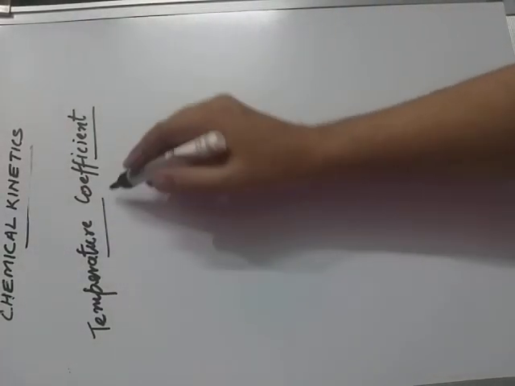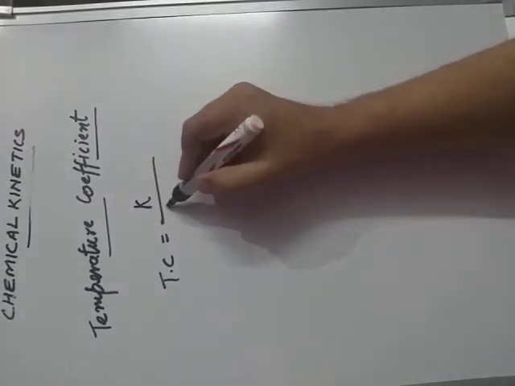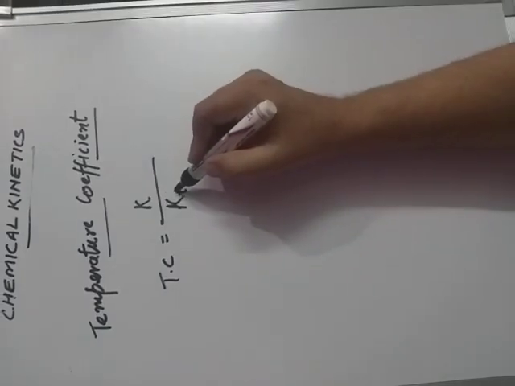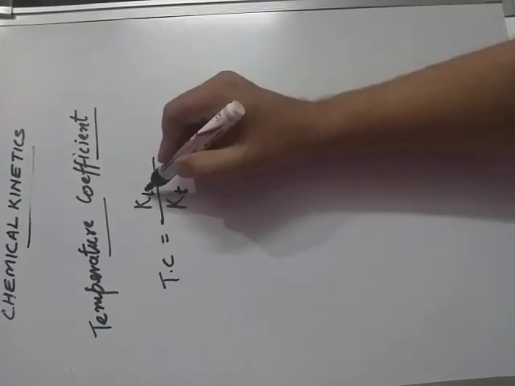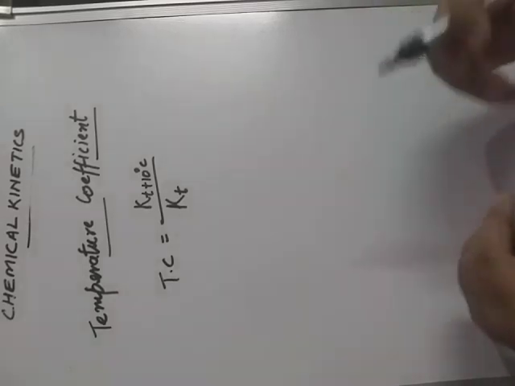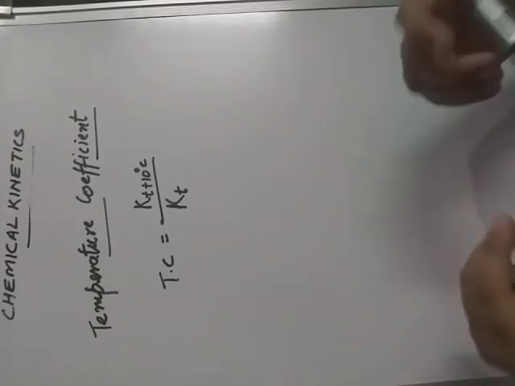So temperature coefficient is the ratio between two rate constants of the same reaction, one occurring at T degrees Celsius and the other occurring at T plus 10 degrees Celsius. Is it okay? So we take the same reaction at two different temperatures.